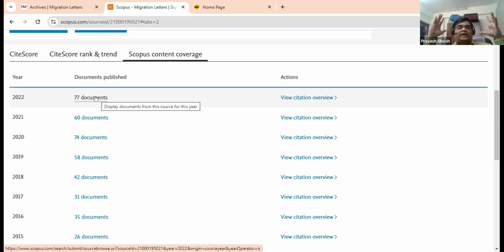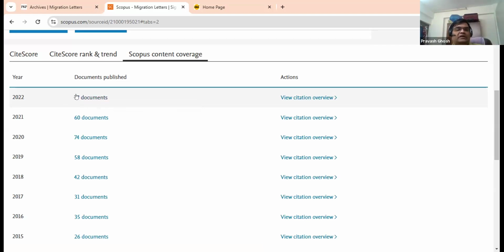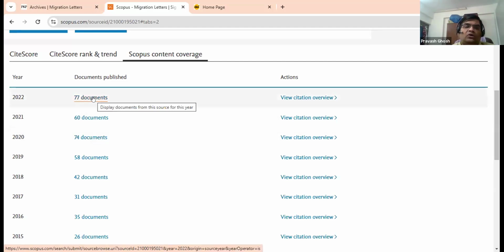Out of 2,500 papers, they have published only 77 documents. Can you see in 2022, 77 documents, 2021, 60 documents, 2020, only 74 documents, right?